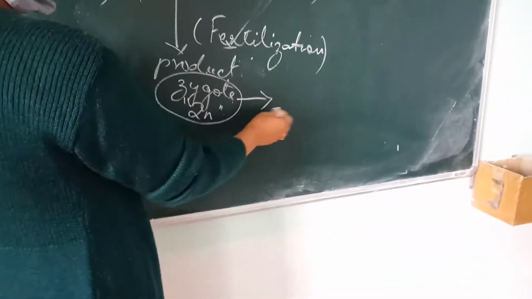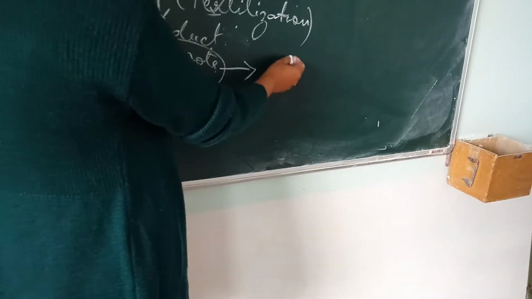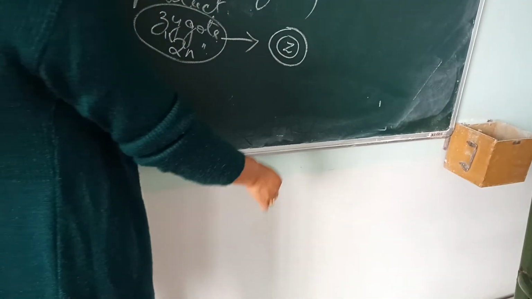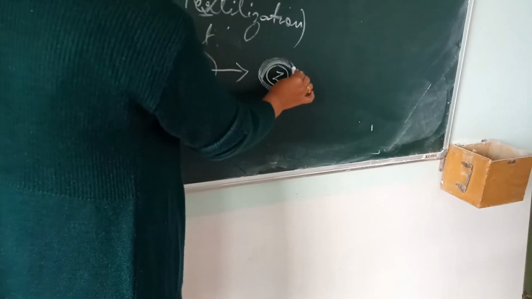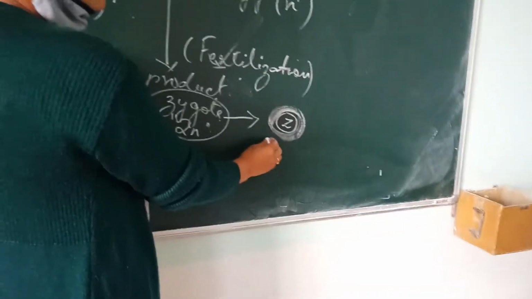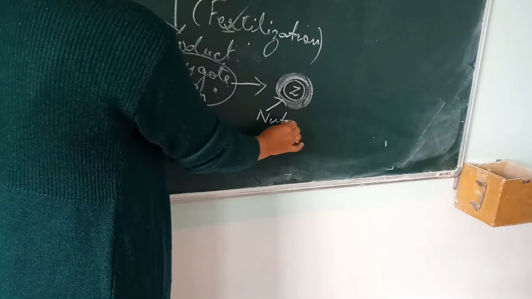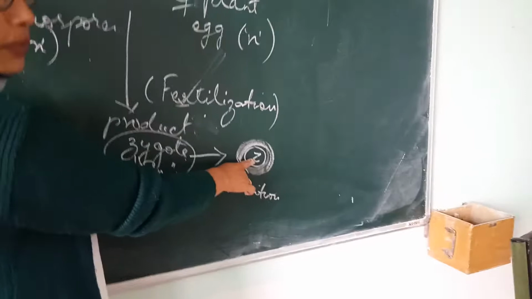The zygote after some time, for example, this is the zygote, will secrete a tough wall around itself. Now what will the wall do? This wall will function as a nutritive tissue. It will supply food to this zygote.